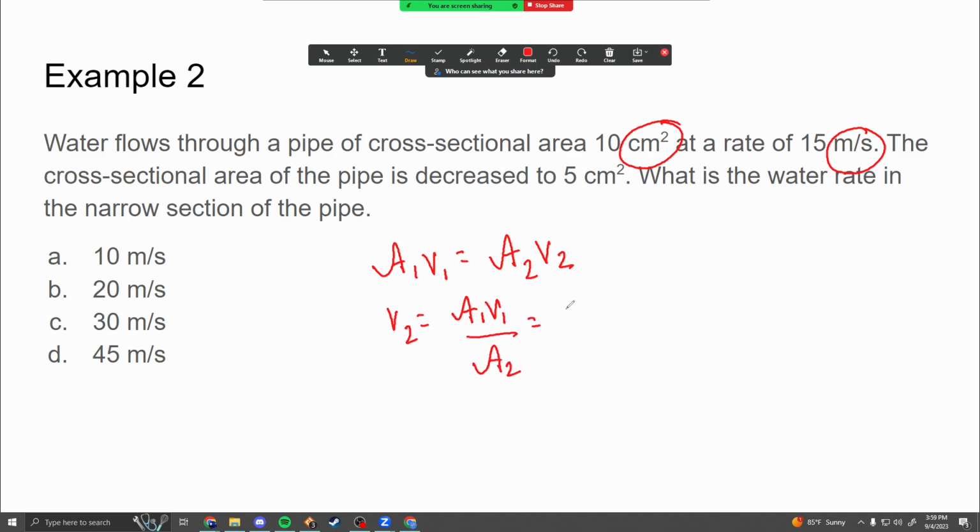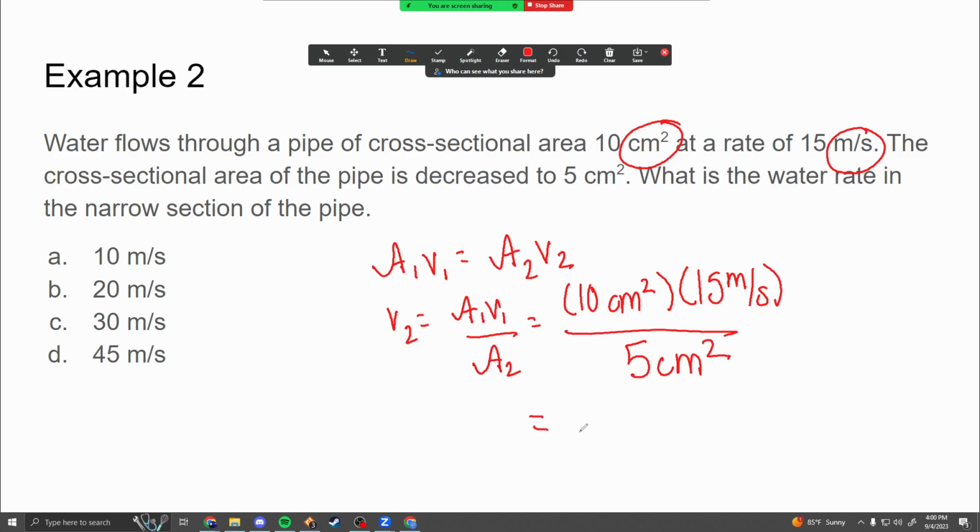The area of the first one was 10 centimeters squared, and the velocity that the water flowed with is 15 meters per second. The area of the pipe gets decreased by a factor of 2, so we are left with a doubling of speed, very similar to what was shown in the previous problem.